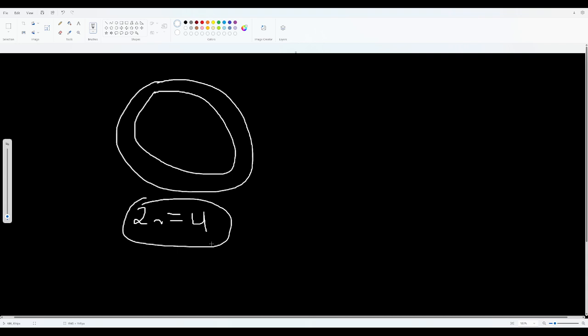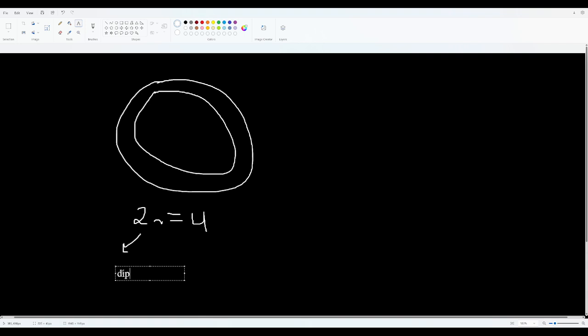So what does this number tell us? 2n equals 4. Well, for one, it tells us that this is a diploid cell. And what does it mean for something to be diploid? Well, a diploid has or contains 2 sets of chromosomes, and this number tells us the number of chromosomes.